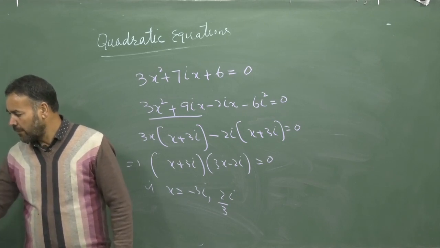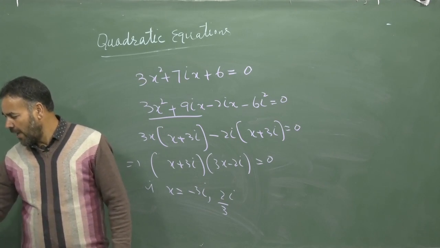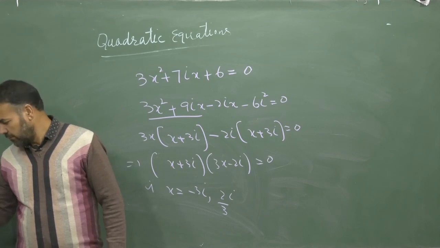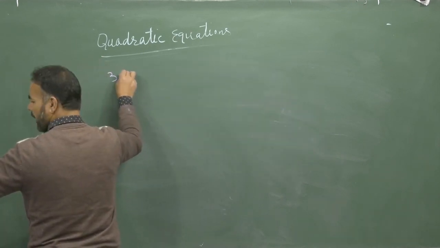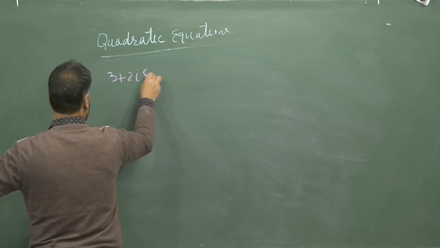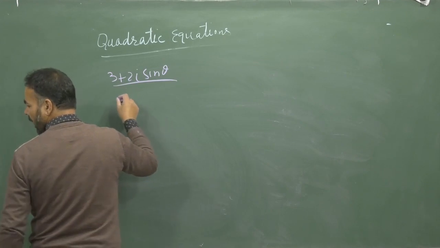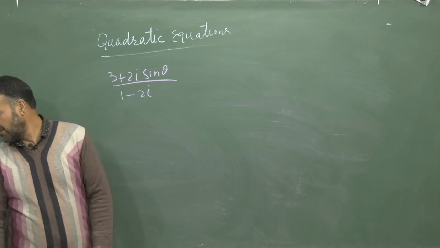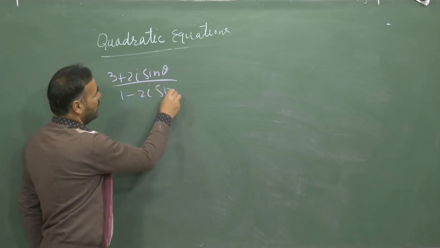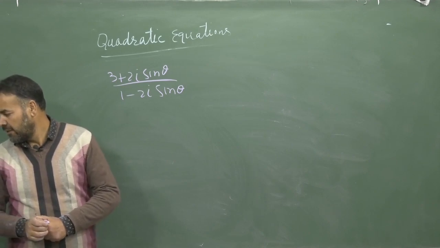Now, the second part of this quadratic equation is how you can find the roots by the quadratic formula. Find real theta such that 3 plus 2 iota sine theta divided by 1 minus 2 iota sine theta is purely real.